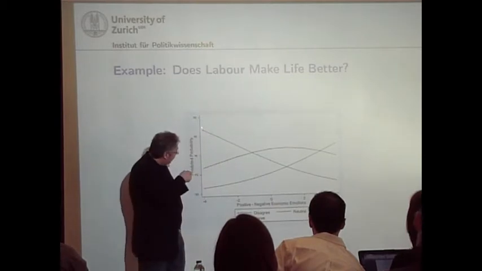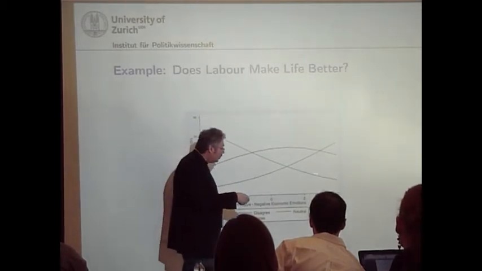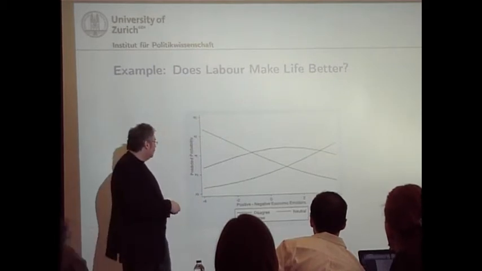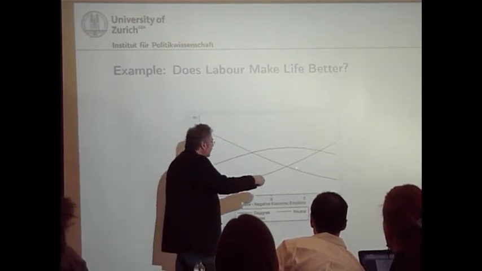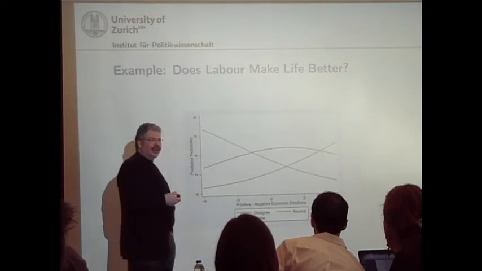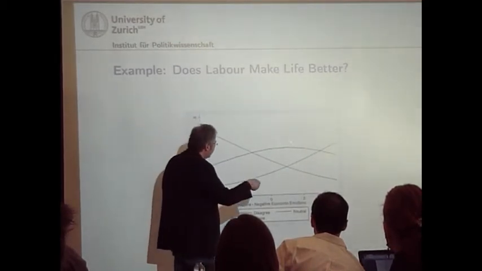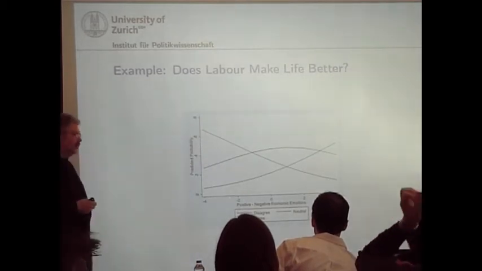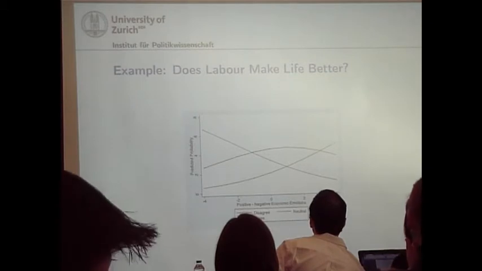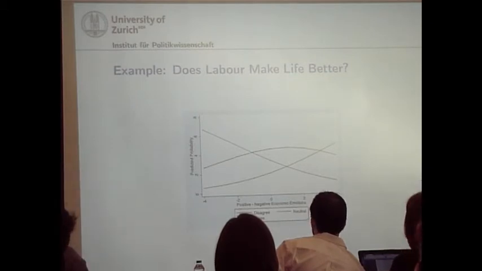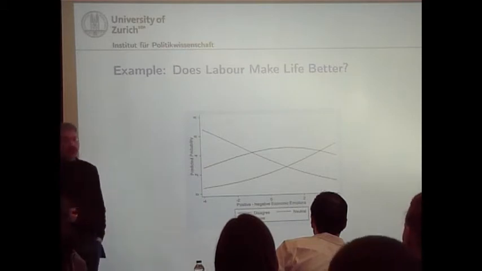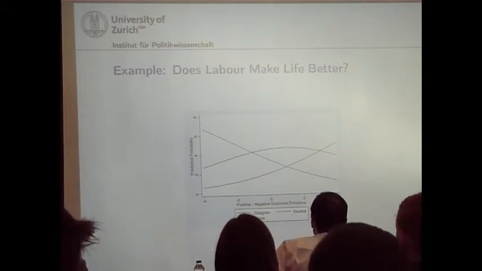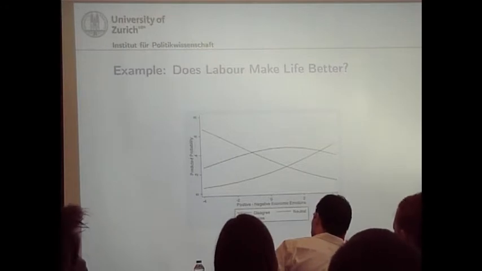You see the trajectory of disagreement, the probability of disagreeing. We see the trajectory of agreeing with the idea that Labour makes life better, and this is the trajectory of saying I'm neutral towards the statement. When I write a paper with an ordered logit model, this is the kind of thing I would show, because it tells what is going on in the data.